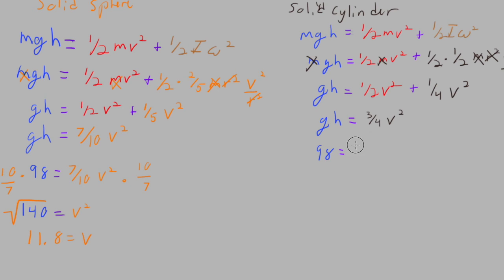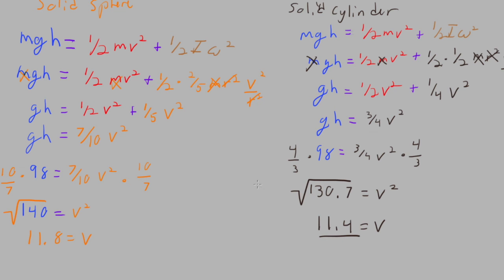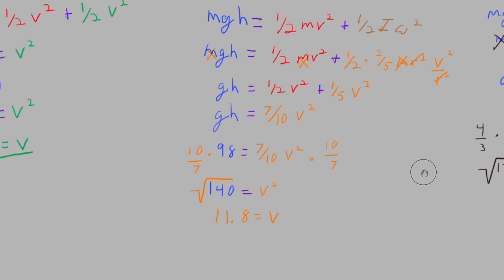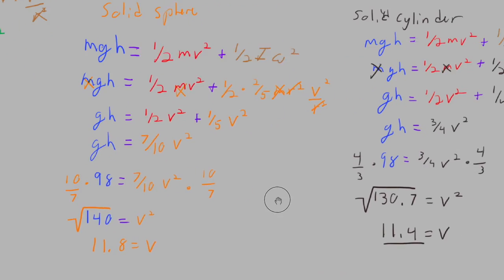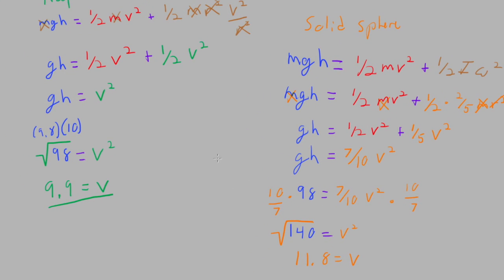For this one, I've still got 3/4 v squared, so I'm going to multiply both sides by 4/3. And I have 130.7 being equal to v squared. If I take the square root of that, I get 11.4 equals v. And so I can see if I raced these three objects, I would end up with my solid sphere in first, solid cylinder in second, and my hoop in third.